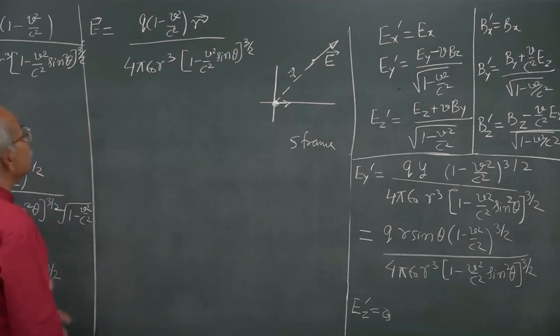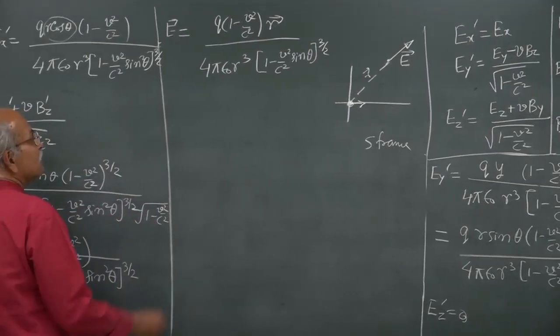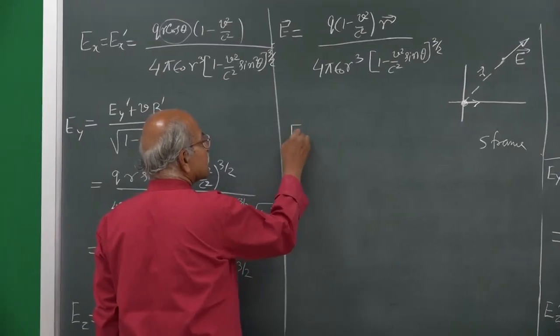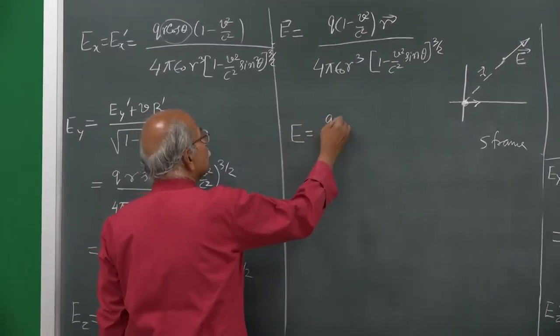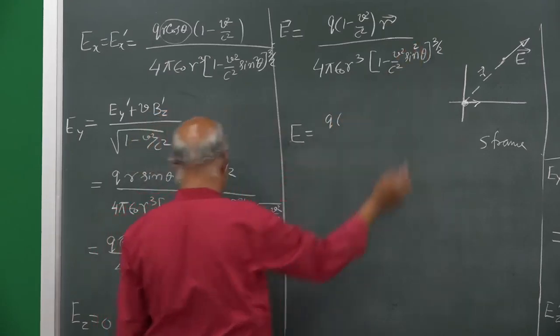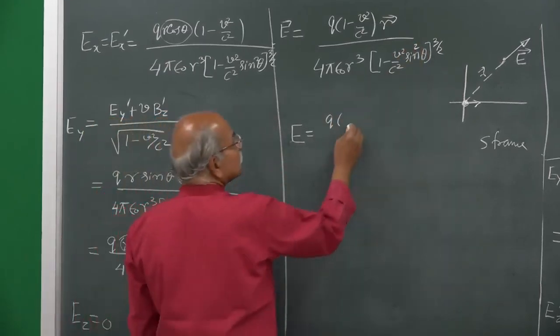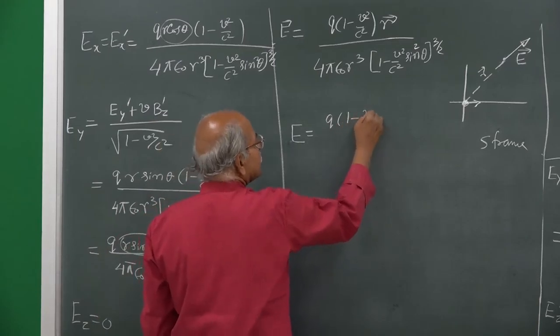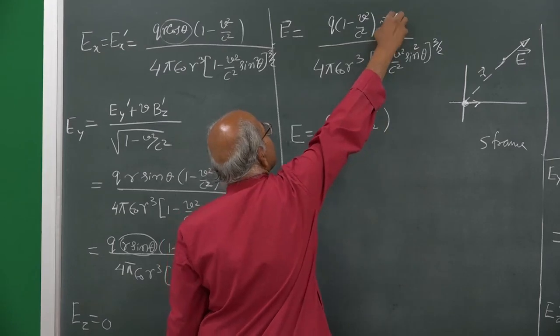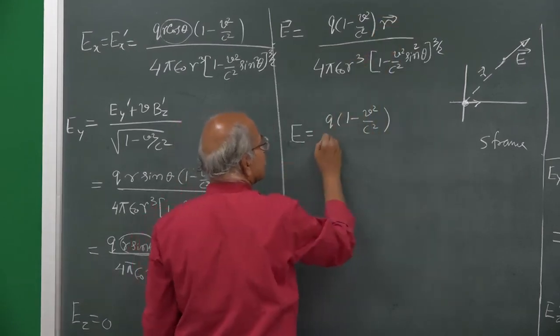And the magnitude you can work out. The magnitude of this E is equal to Q, and then you have 1 minus v square by c square, and this r magnitude is now r, and that I will cancel it here.